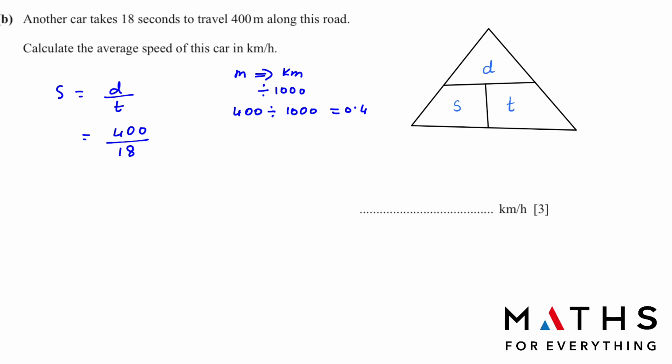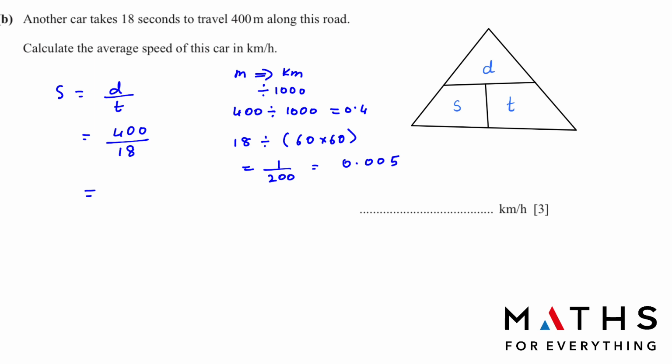Then you have to convert the seconds into hours. For that, you need to divide. You know that in 1 hour, there are 60 minutes, and in 60 minutes, there are 60 seconds. So divide by 60, divide by 60. You will get 1 over 200. If you want to write it in decimal form, it will be 0.005.